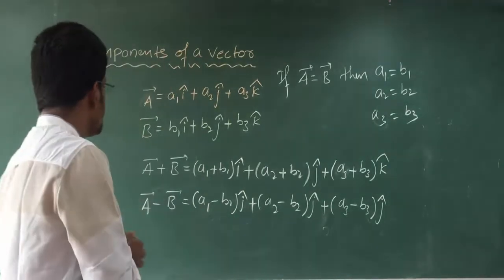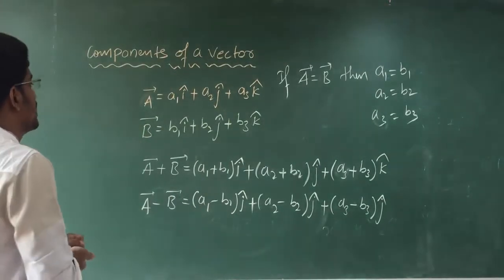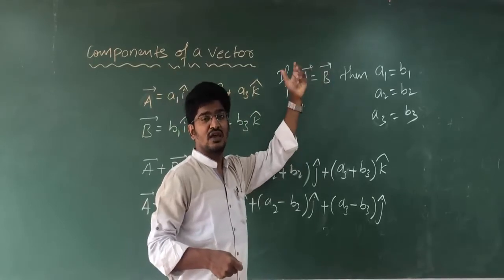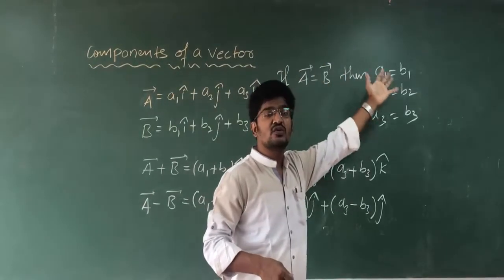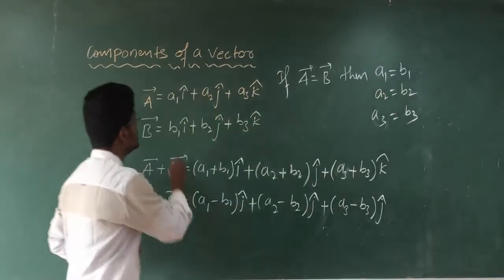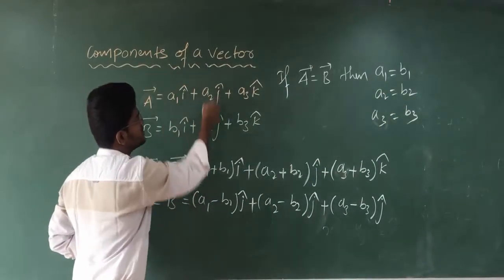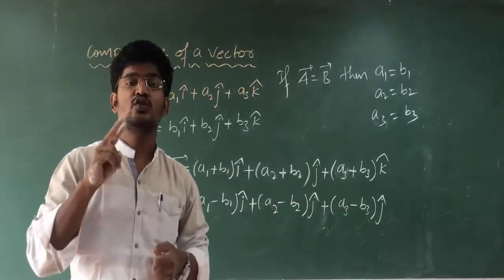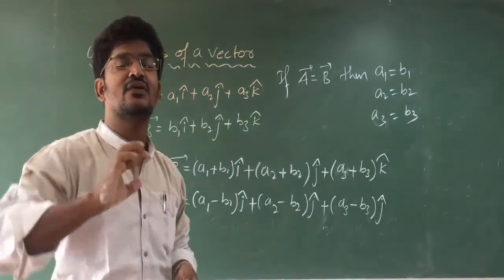Okay. So now please write that vector A is equal to vector B if and only if A1 equal to B1, A2 equal to B2, A3 equal to B3. That means these components have to be equal for getting two vectors as equal vectors.